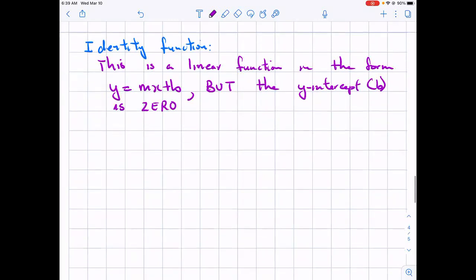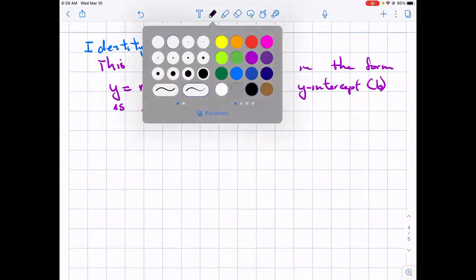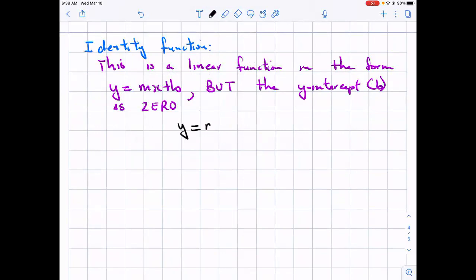Okay, so if b is 0, we're left with y equals mx. And this is your identity function.